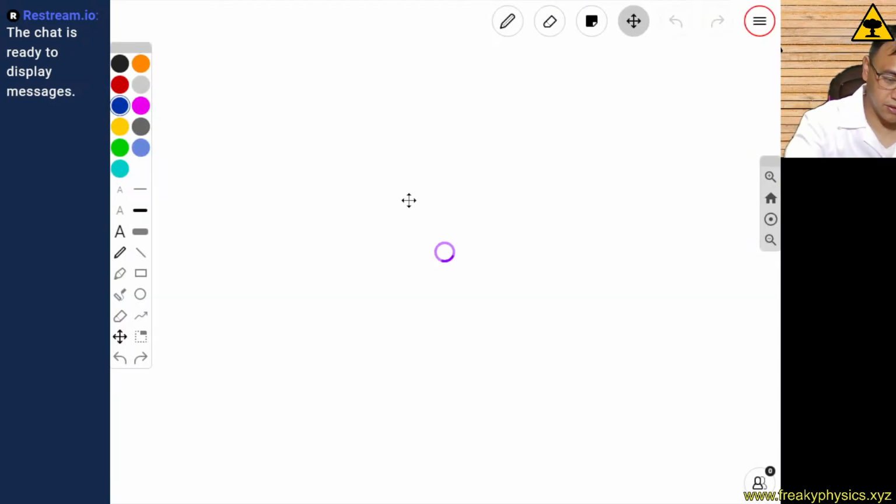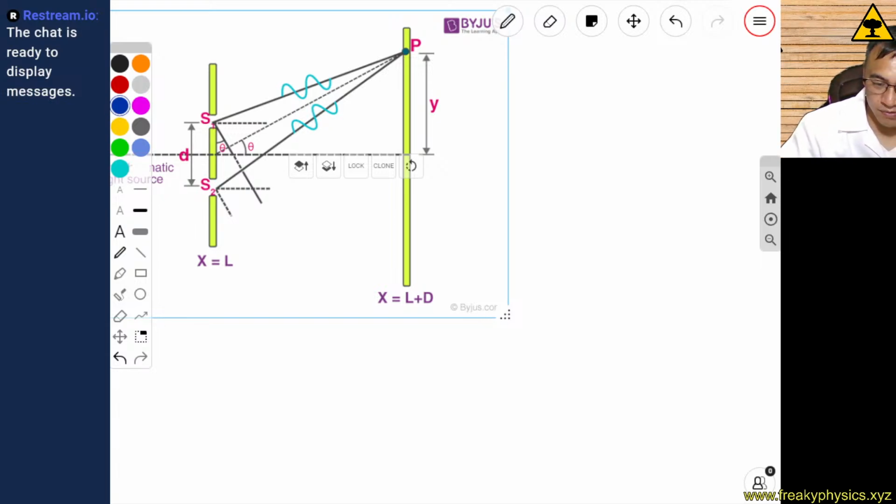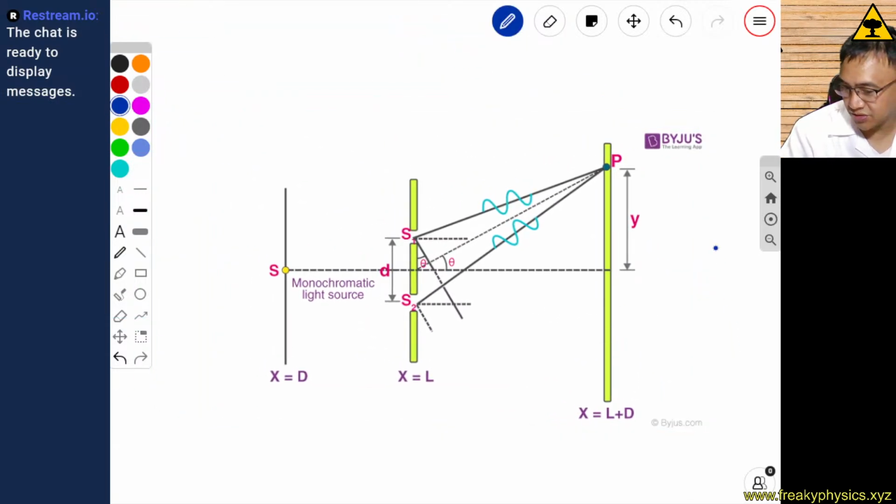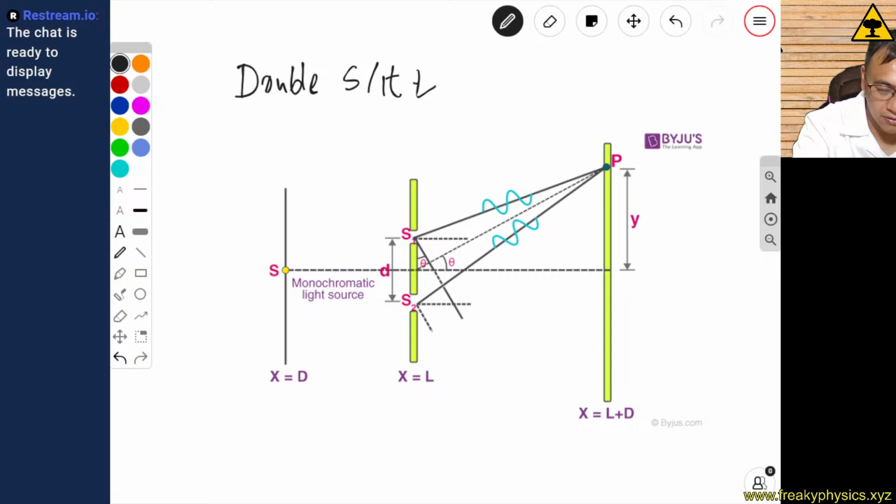Okay, so let's actually start. The double slit experiment. Basically, this is the key idea. Again, thank you, Byju's, for the image. If you need more accreditation, you let me know. Okay, this is the double slit experiment.